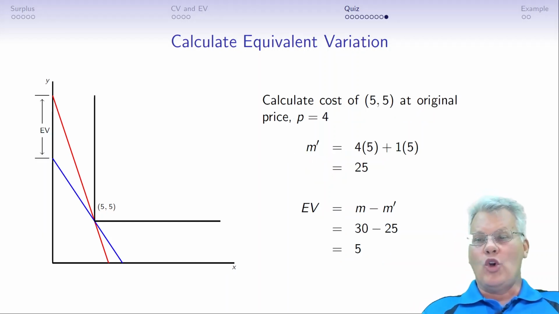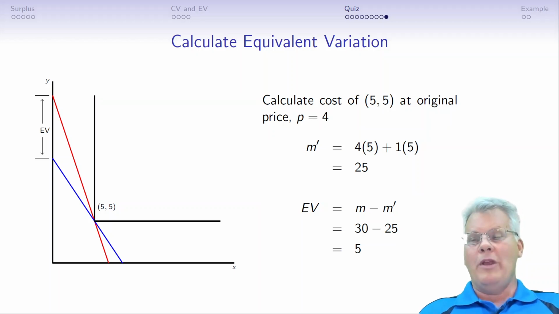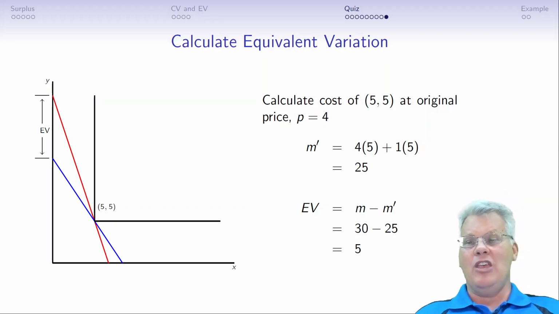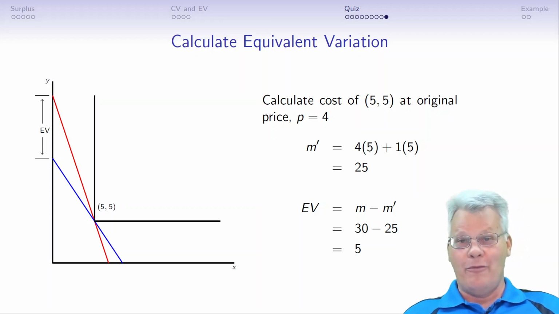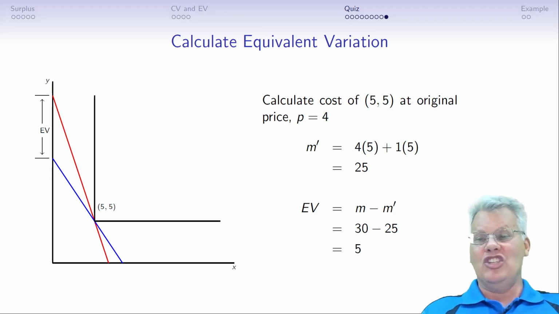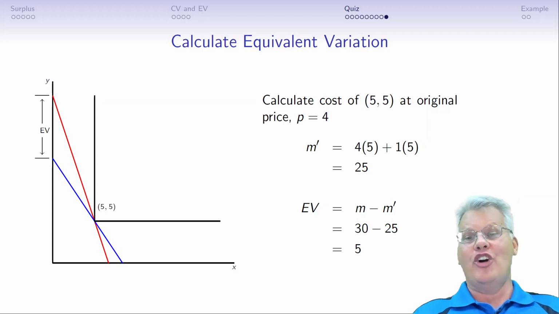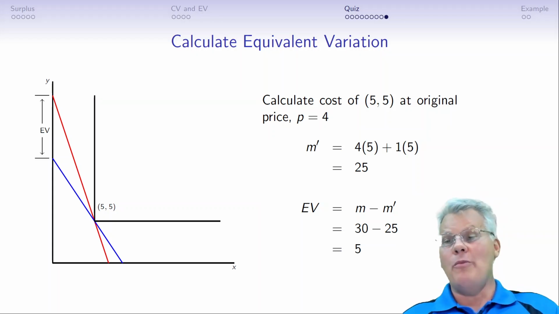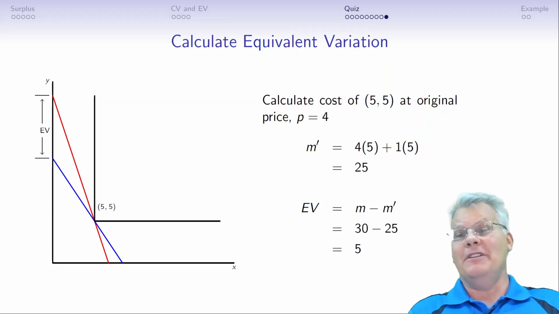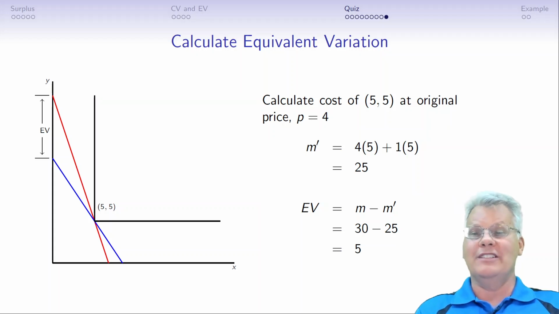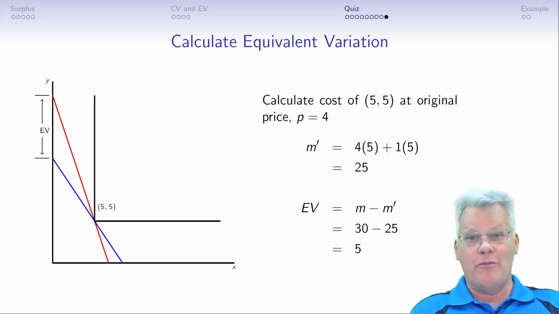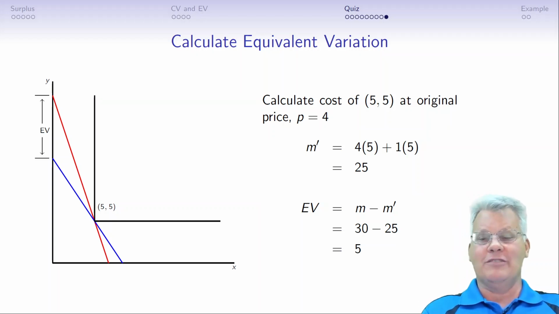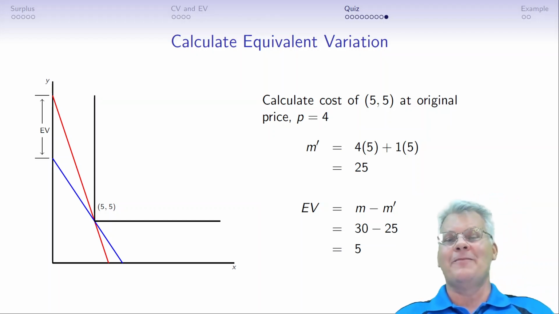To get the equivalent variation, what we need to do is figure out how much money we have to take away from Bernice such that she would choose 5,5 at her original prices, right? Remember, the equivalent variation was how much money we have to take away from Bernice to hurt her as much as this price increase.